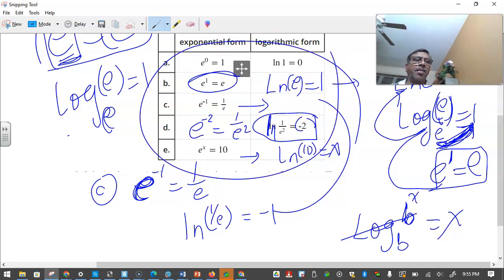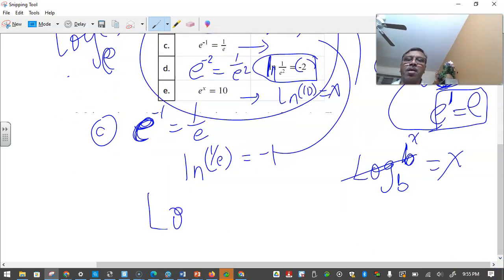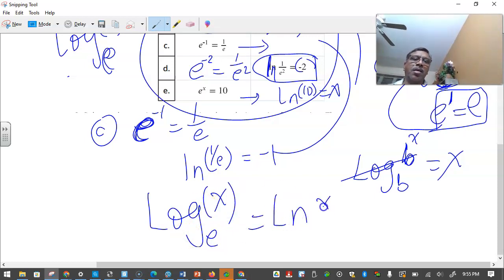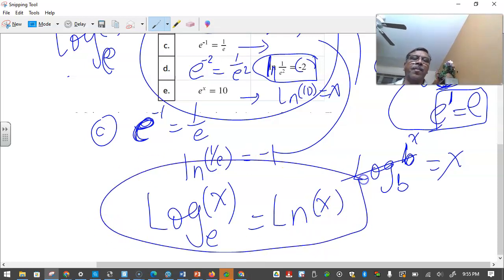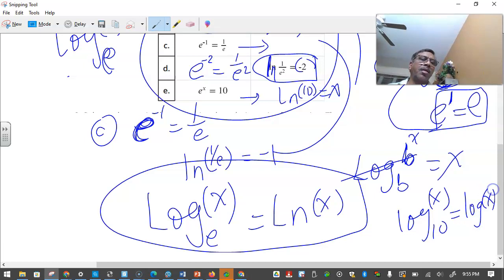So remember, I repeat: the trick is that the logarithm of x to the base e is the same as writing ln of x. That's all it is. And one more thing, the logarithm of x to the base 10: if the base is 10, there's no need to write anything, just write log x. The calculator keeps this one. If you see the yellow one, you'll see that.